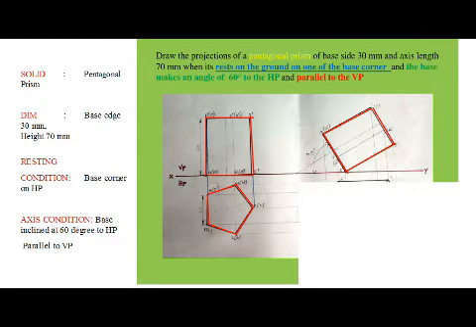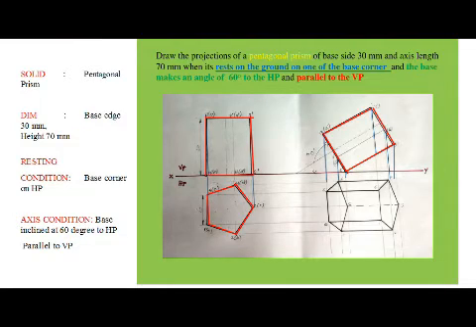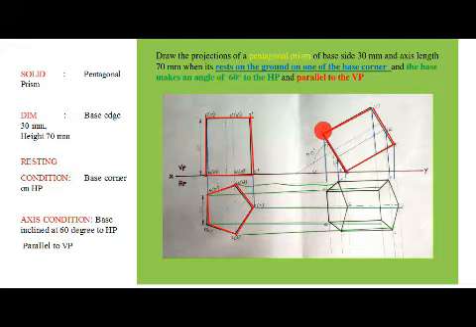Now from all the corners in the front view, draw the vertical line. Similarly, from all the base corners in the first stage top view, draw the horizontal line. Now note the intersection points.